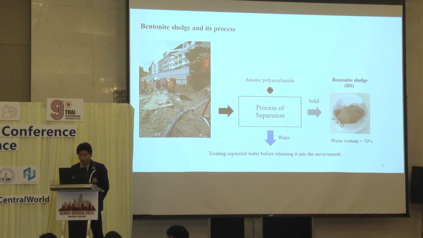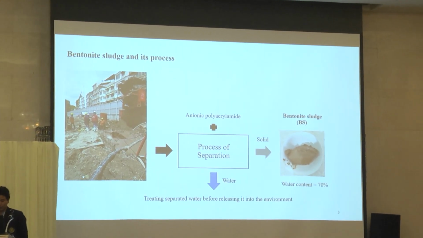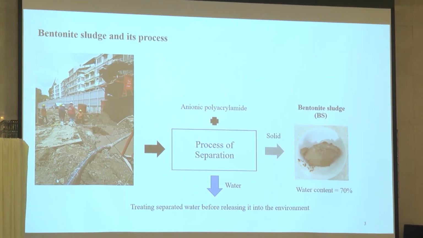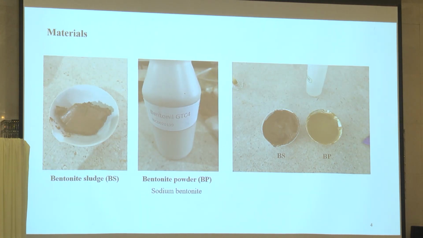We obtain the bentonite sludge, BS, with an original water content of 70%. The water, before discharge to the environment, is adjusted to a pH of about 5 to 7.